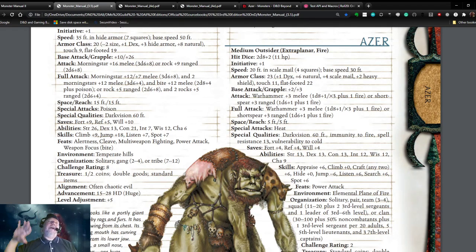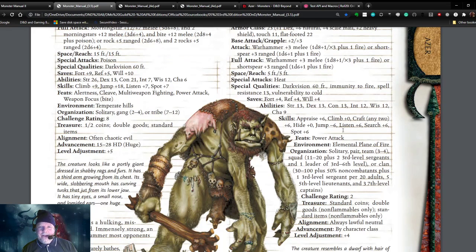So this is where the higher armor class, the better it is. They're pretty tough little guys. They attack with a warhammer plus 3 for 1d8 plus 1, plus 1 fire damage. And that little X3 means that on a critical hit, they do 3 times the damage.